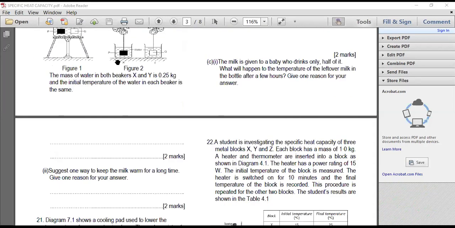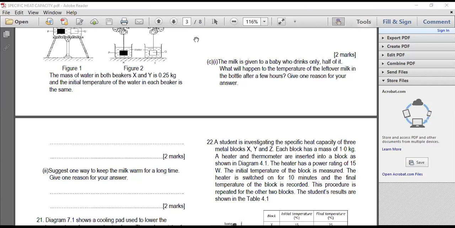Next, the milk is given to a baby who drinks only half of it. What happened to the temperature of the leftover milk in the bottle after a few hours? Give one reason for your answer.